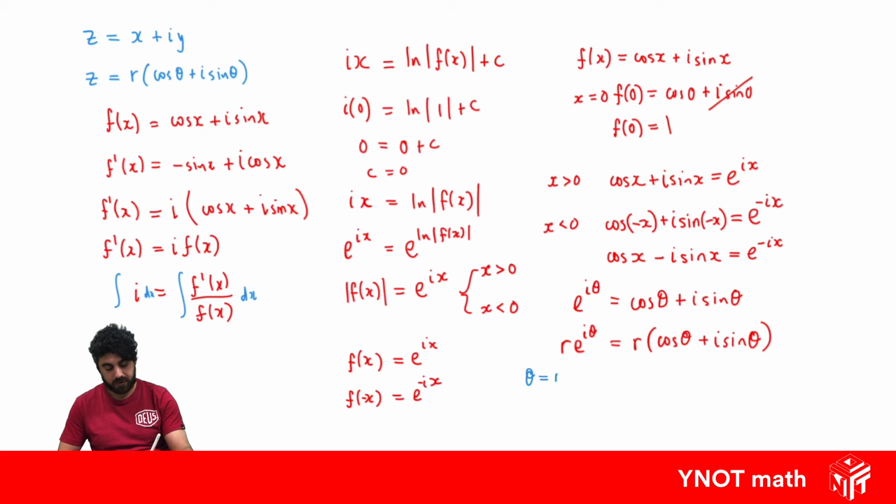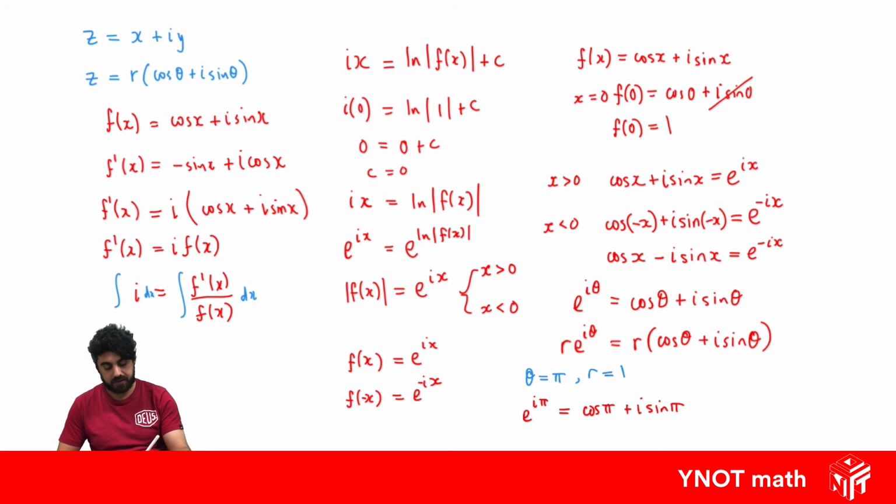So let's just go ahead and do that, and we'll set r equal to 1. We're going to get e to the i pi equals cos pi plus i sine pi.